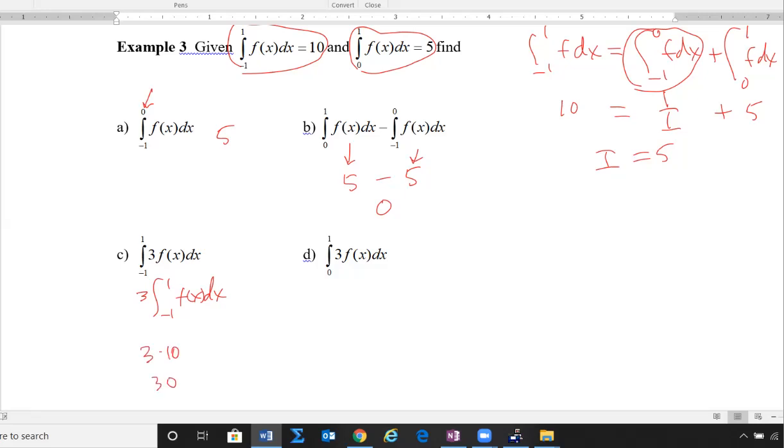All right, this one will have to be 3 times the integral from 0 to 1 of f of x dx. And that's a 5, so this had to be 3 times 5, which is a 15. So straightforward enough use of some of those properties of the definite integral.